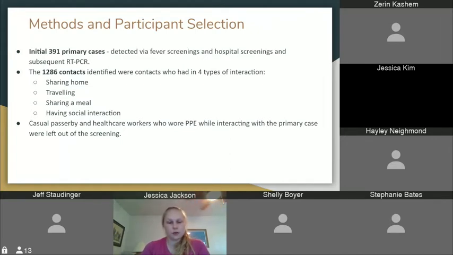This includes sharing a home, traveling with the person, sharing a meal with a person, or having social interaction. They generally excluded casual passersby and healthcare workers who wore PPE while interacting with a primary case. And what they did with all of these contacts was test them with RT-PCR after their exposure.